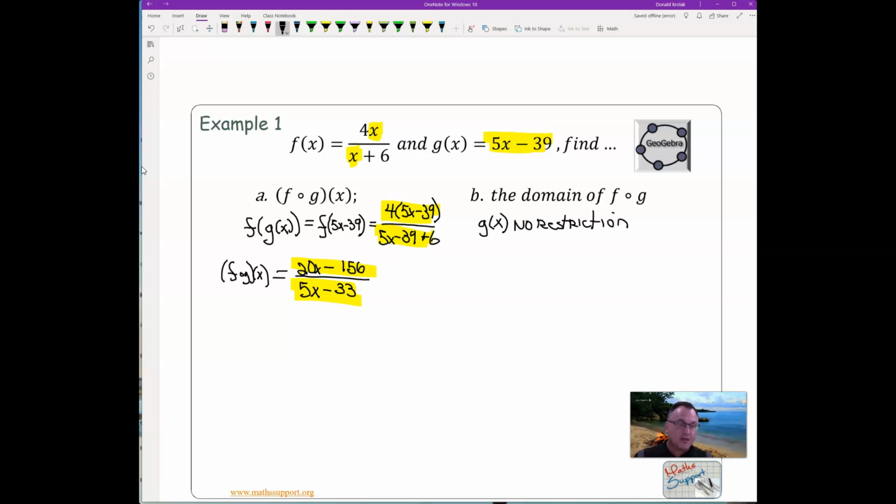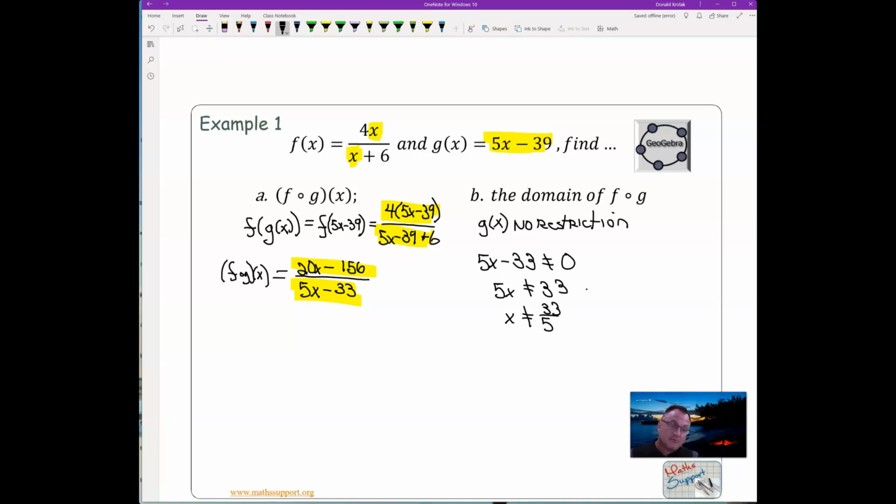So to get the domain of this, I'm going to take the denominator and set it so that it does not equal 0, and then solve the resulting inequality. Okay, so my domain is all the numbers except that one.